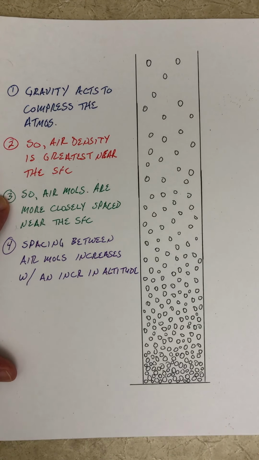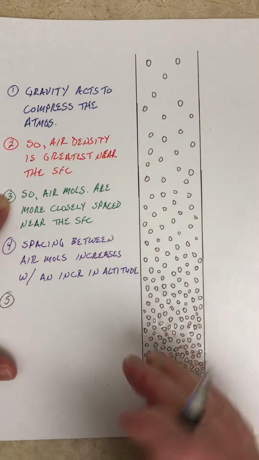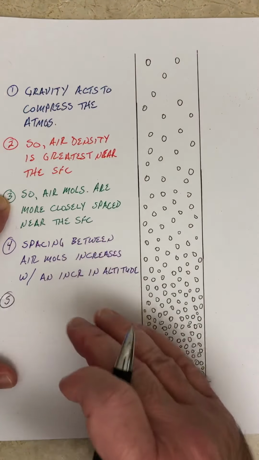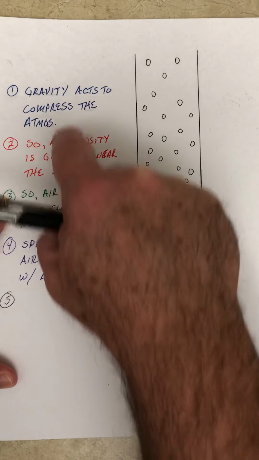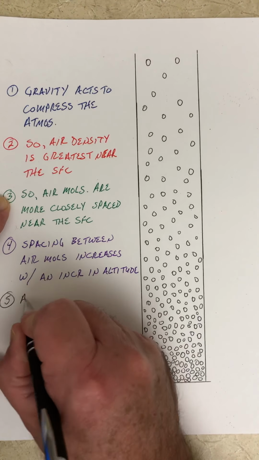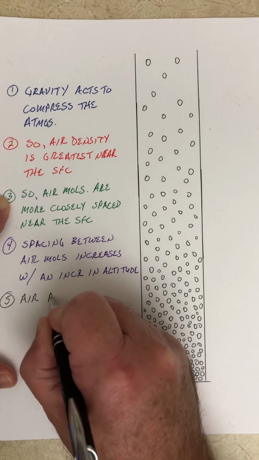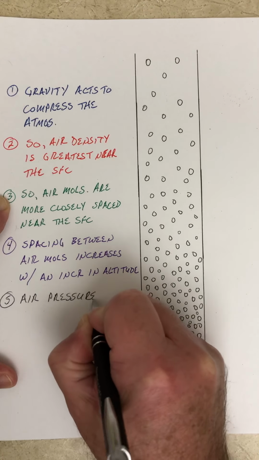Okay, so it's almost like a set of dominoes. Everything we say, this happens because of this, happens because of this, happens because of this. And so number five, then the air pressure, since that's what we're talking about in this chapter, we have to relate it back to the air pressure.